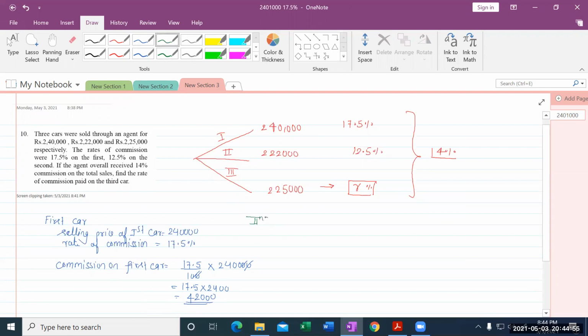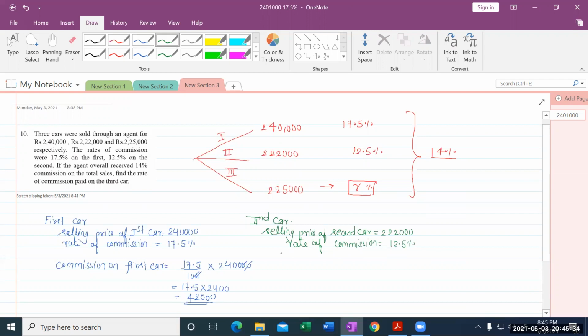Similarly, we'll do for the second car. So here I'm writing for second car. Let's do the same thing again. The selling price of the second car is given as 2,22,000. Then we'll calculate the commission. First we'll write the rate of commission, which is 12.5%.